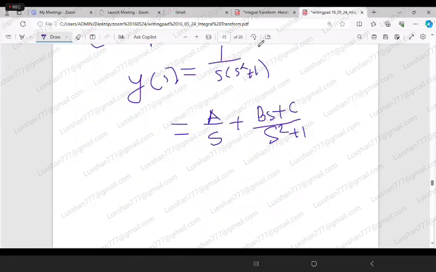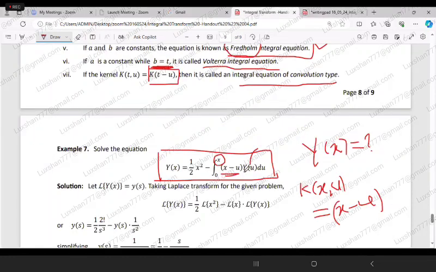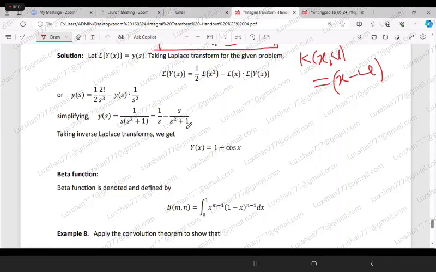And if you find A and B, okay, so here we are getting this. Yeah, I think we can write it this way. So if you do the partial fraction, we are getting this.